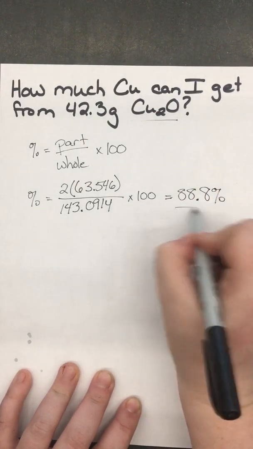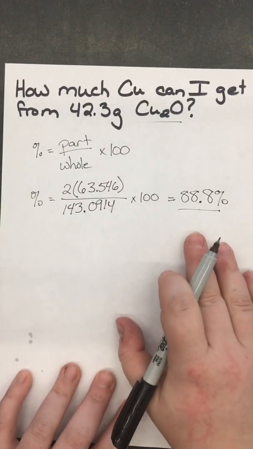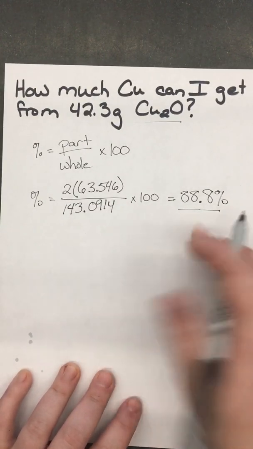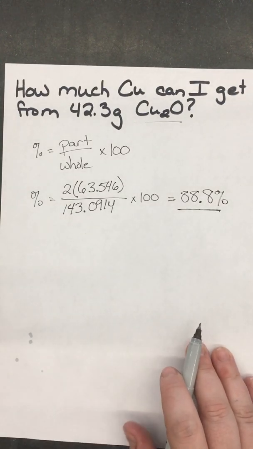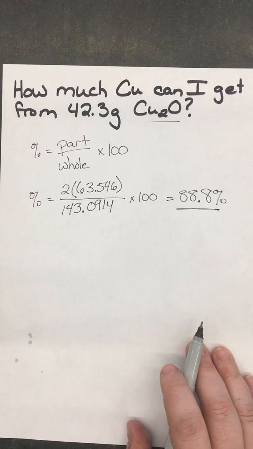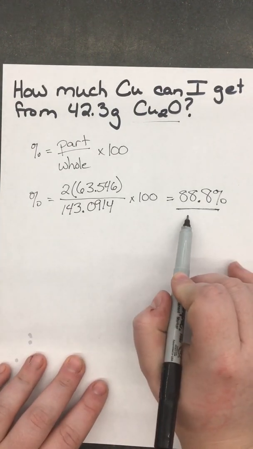Now this is not my final answer, so you're going to leave the entire answer in your calculator until you're done, but this is just a stopping point for now to make sure that you have the correct answer there. This is the percent that is copper.